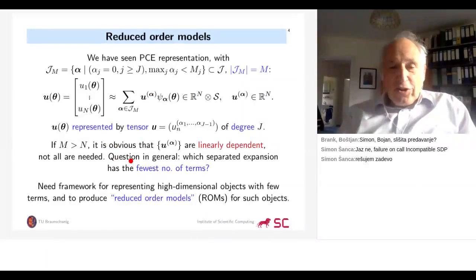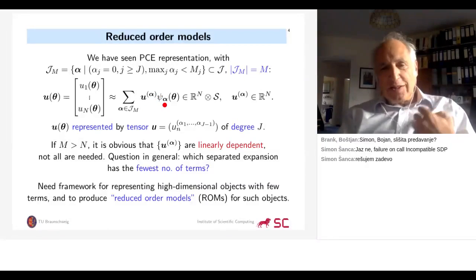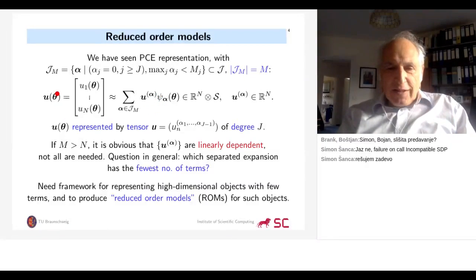Good. And then the question in general is, which is the separated expansion which has the fewest number of terms? We call these expansions separated because this is a random vector and it's split into constant vectors times scalar random variables. The whole thing is going to live from these separated expansions.